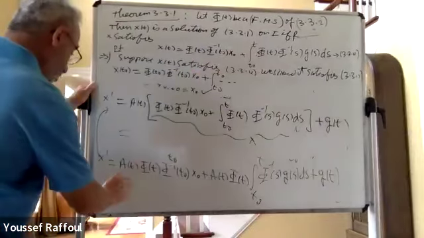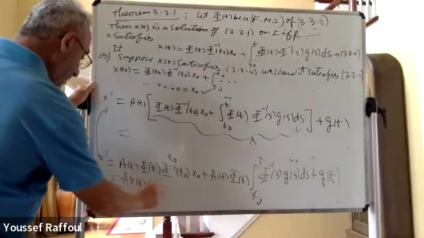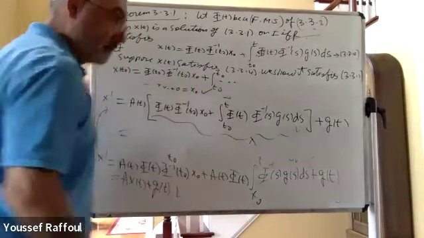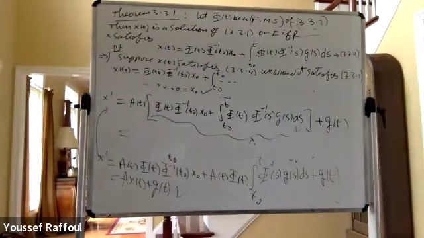So that is A x(t) plus g(t). We're done. Any questions?